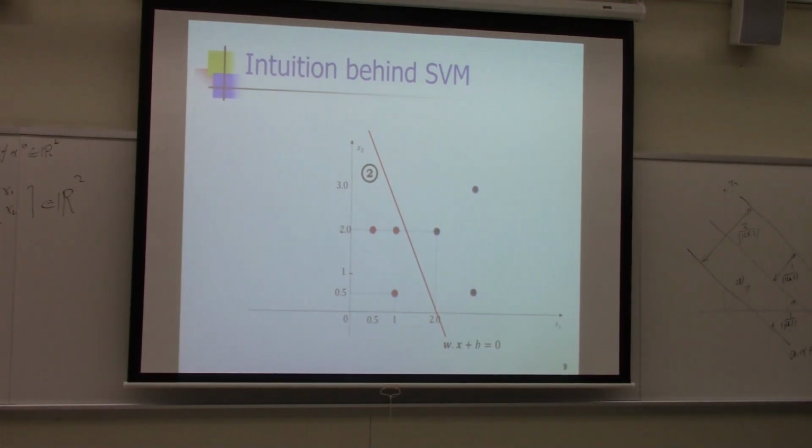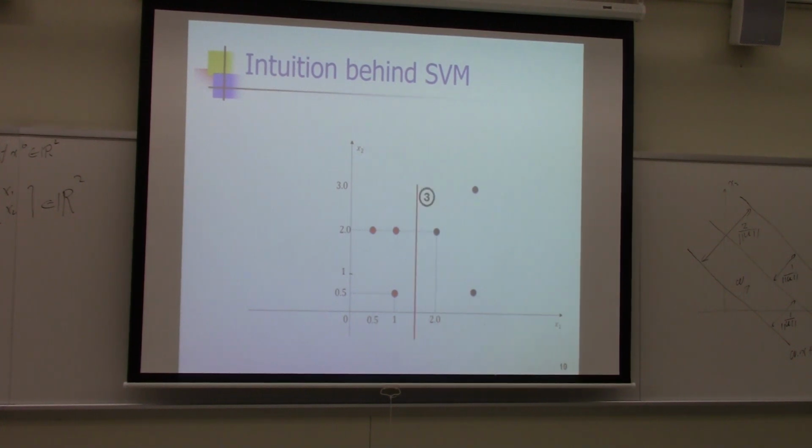And then the margin becomes much smaller. The upper boundary is w dot x plus b equal to 1. The lower boundary is w dot x plus b equal to minus 1.